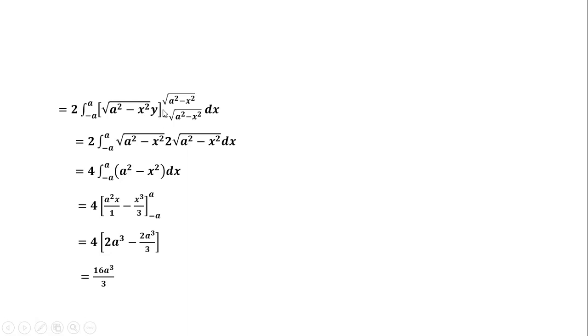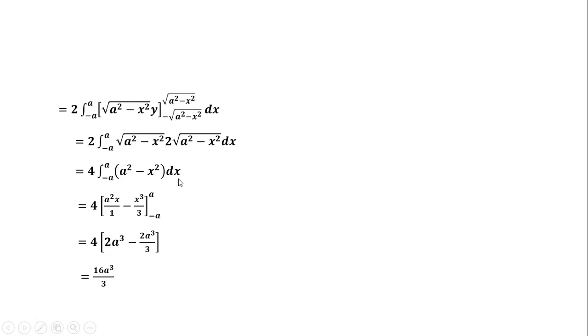Again put the upper and lower limits for y. Since the lower limit has a minus sign, after putting the lower and upper limits, we will get 2 times square root of a square minus x square. So 2 is a constant, take it outside, it becomes 4, and square root of a square minus x square into square root of a square minus x square becomes a square minus x square.